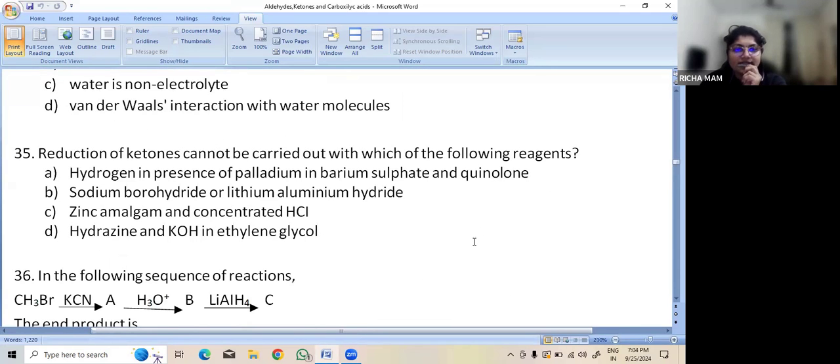C. Zinc amalgam and concentrated HCl. And D. Hydrazine and potassium hydroxide in ethylene glycol. How are we going to answer this?